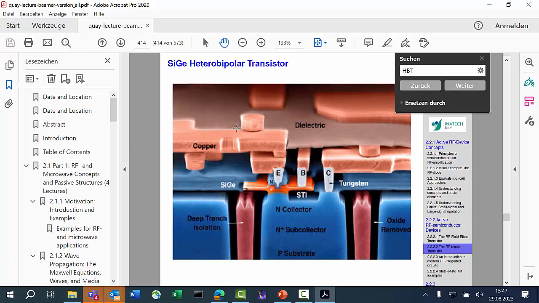And at the same time, we use the 3D effect here, because the base is contacted to the top, the emitter is contacted to the left, and the collector is contacted to the right. In this way, we make sure that the overlap of the metals, which have to be large on the one hand to get the conductivity up and make them very low resistance, but at the same time, we have to avoid capacitances.